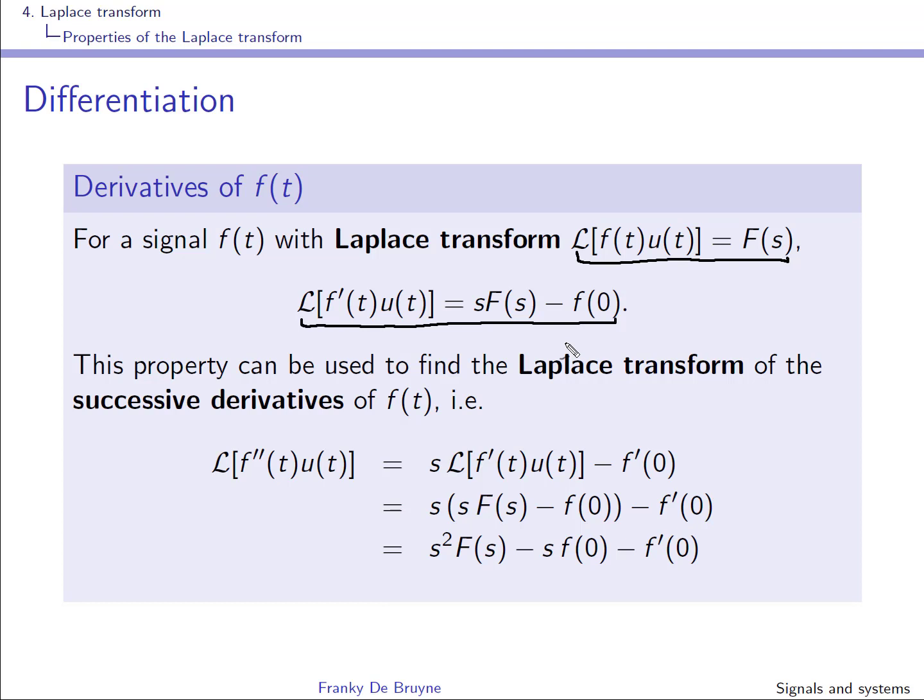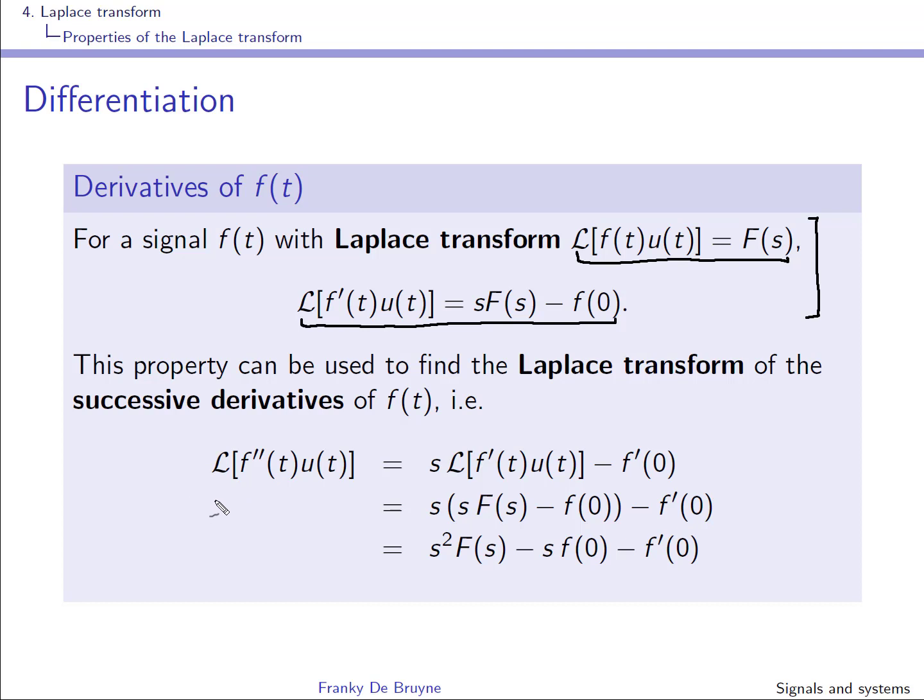So you need to know the function f of t at the initial condition t equal to 0. You can use this property to find the Laplace transform of successive derivatives of f of t. So we'll do this for the second derivative of the function f.